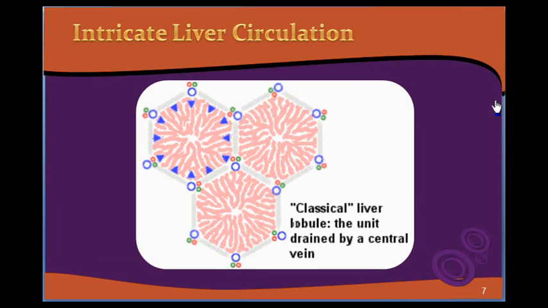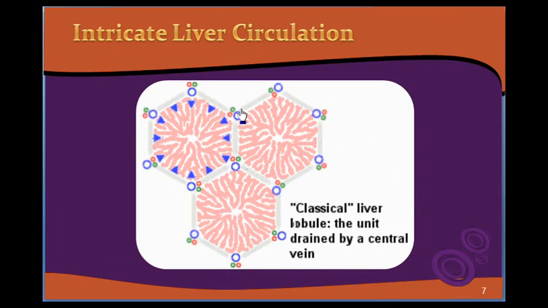The intricate circulatory and excretory function of the liver can be schematically viewed in this diagram. You see the hexagonal liver lobules. Each lobule has a central hepatic vein, and on the 6 corners you have 3 structures.